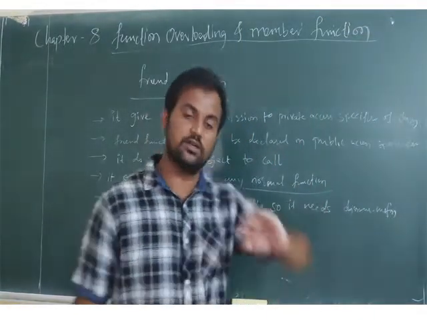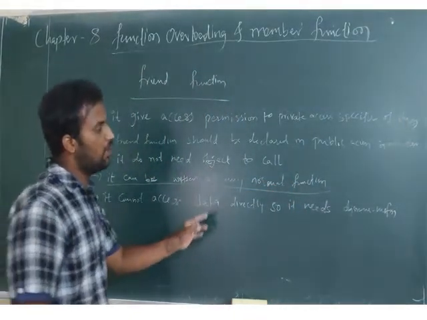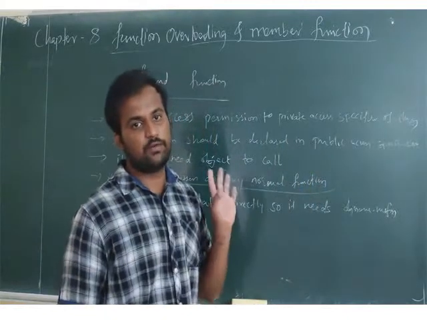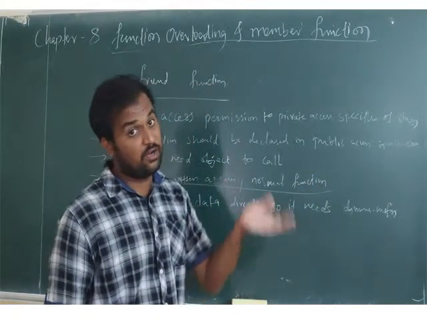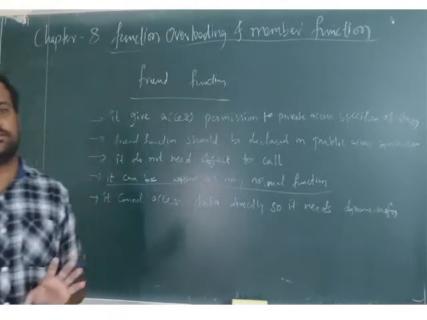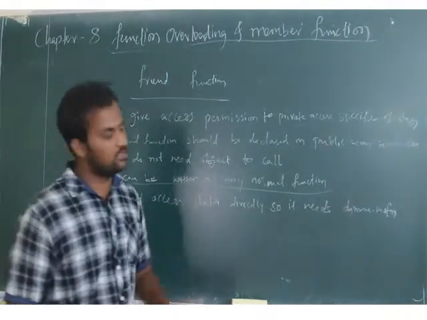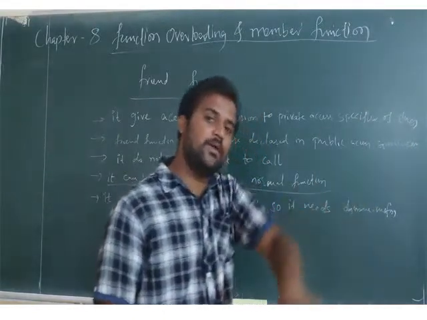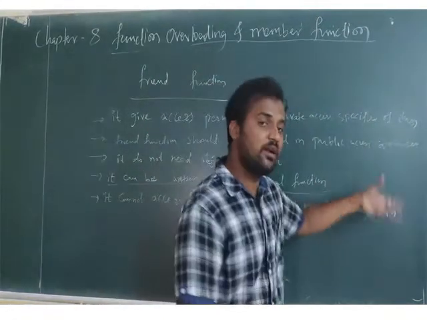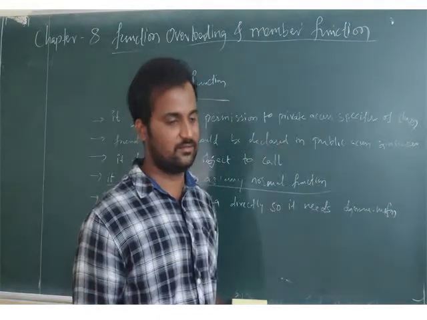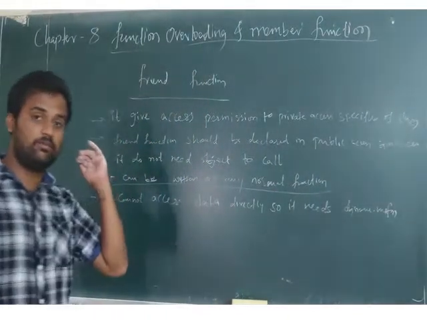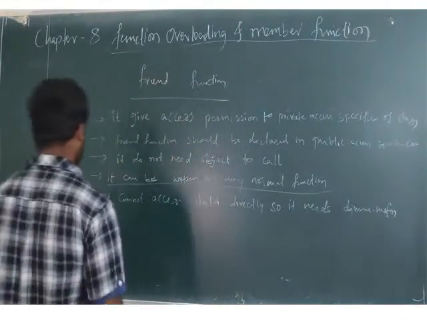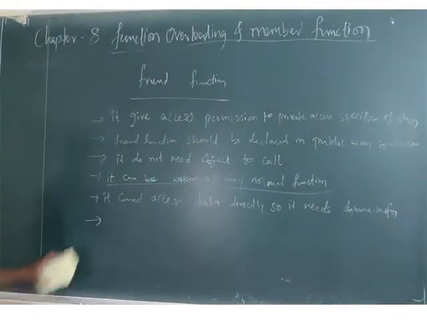A class contains an object. By using object name and member function name, we can execute the friend function. But in void main, no need of writing object and all. We are not using the dot operator in void main. We are using the dot operator in the friend function. It will all make sense when I write a program. Okay? I will write a program and give an example.